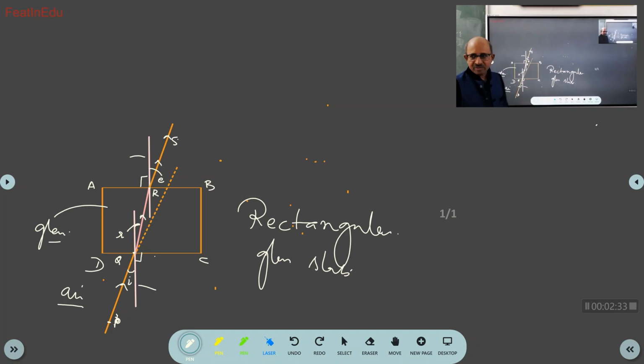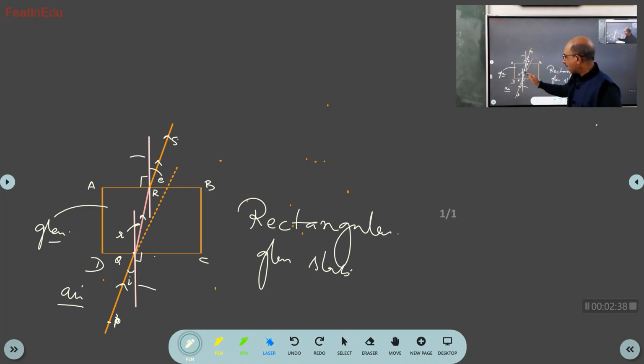Now we have seen the measurements of the angle of incidence, angle of refraction, and angle of emergence. We have measured this angle. And what we found was that the angle of refraction is lesser than the angle of incidence.